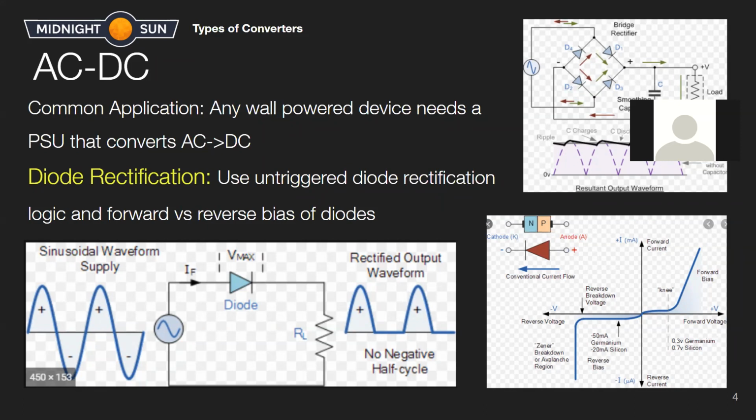That's an AC signal, but most circuits that use digital logic or a controller of any sort need a DC supply or power source. So we need AC-DC converters in basically any wall-powered device.